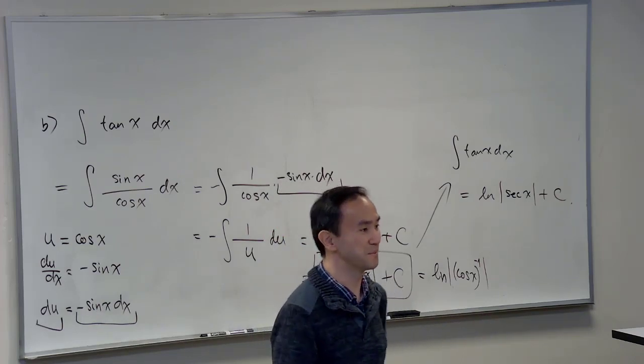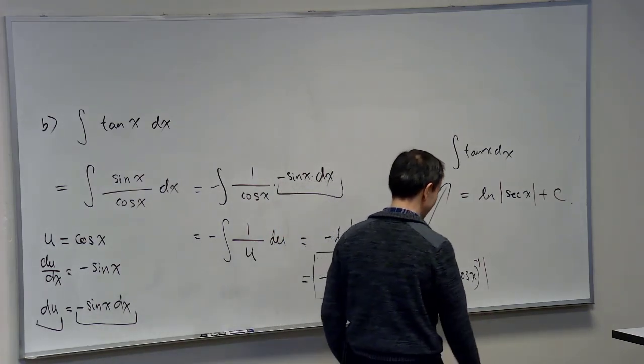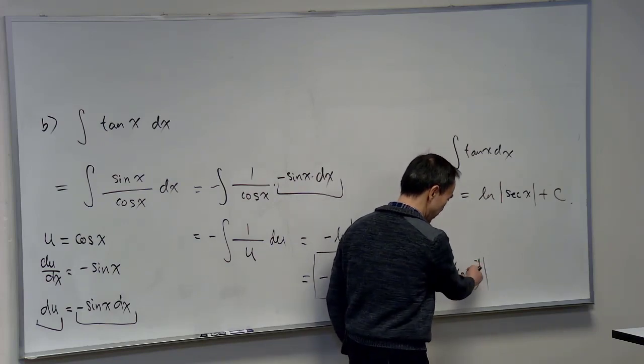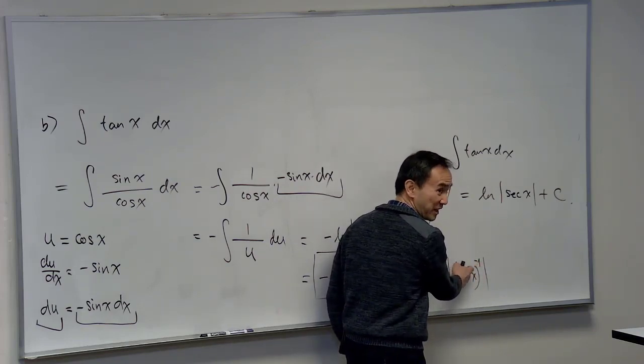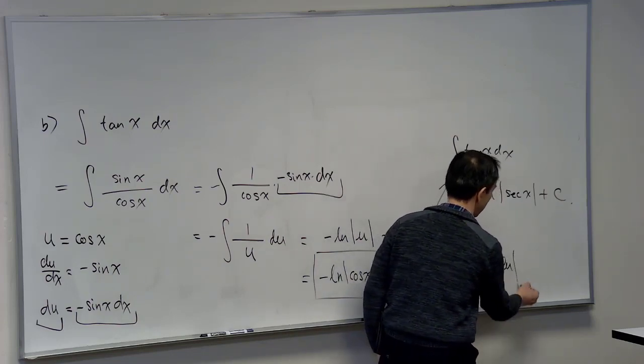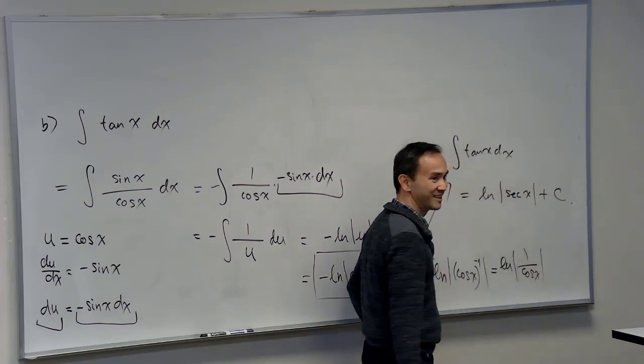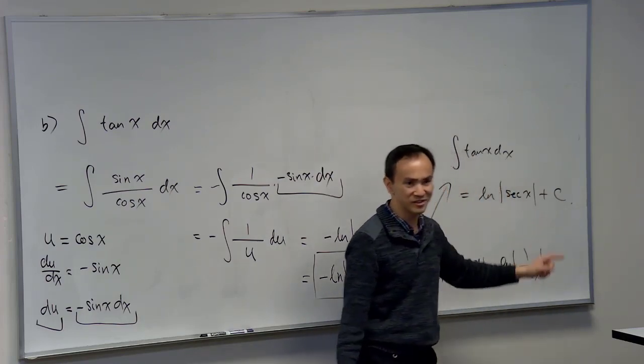See what I'm saying? And what's the reciprocal of cosine of x? It's the reciprocal, not the inverse. That's why I didn't write the -1 on the function. The reciprocal is going to look like this: log of 1 over cosine. But what's 1 over cosine? 1 over cosine is secant.